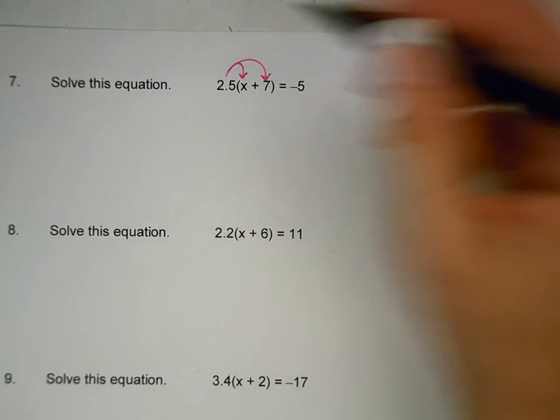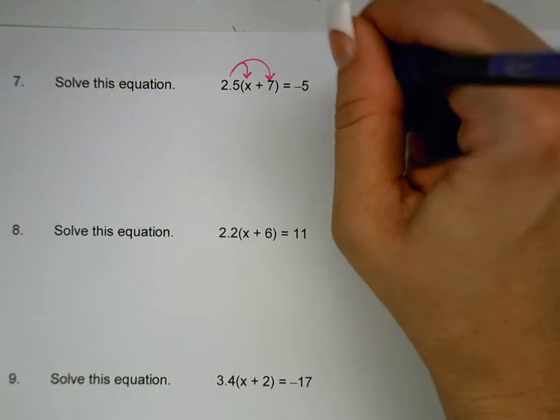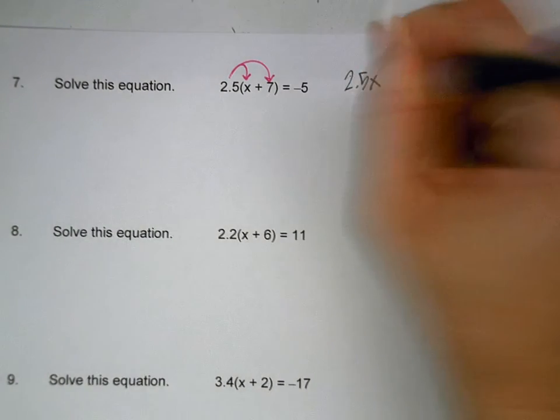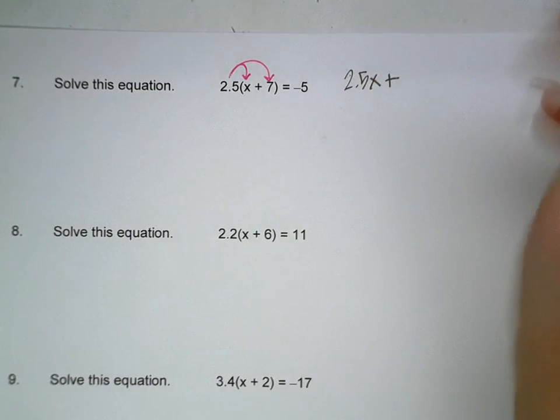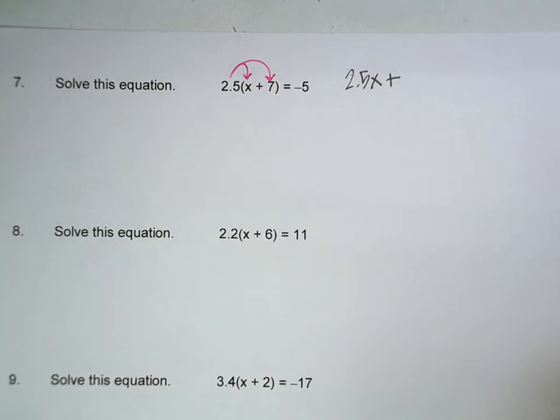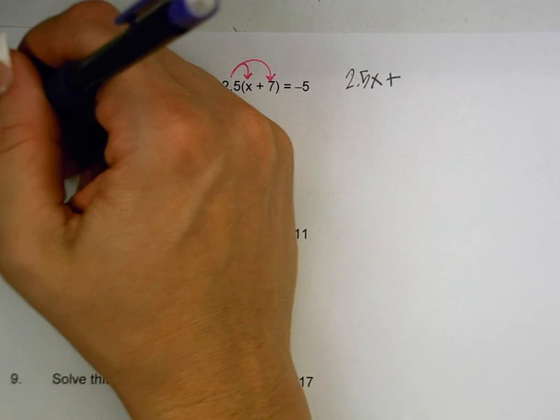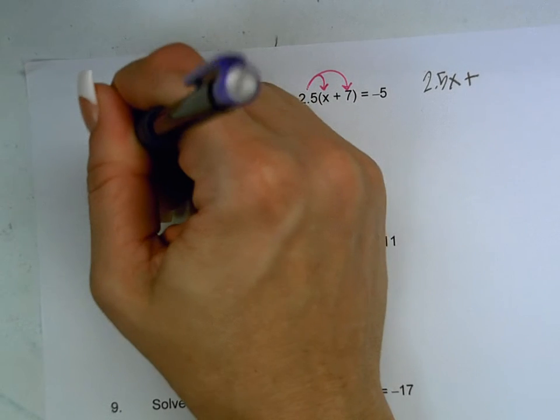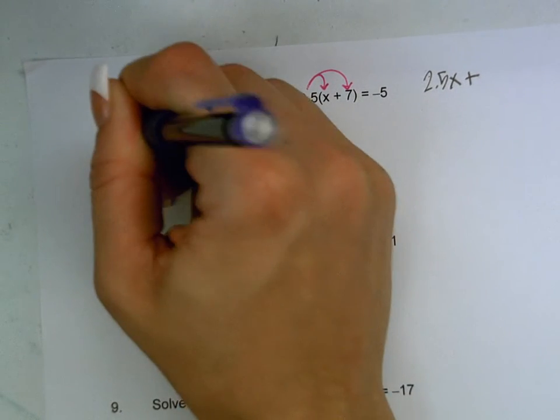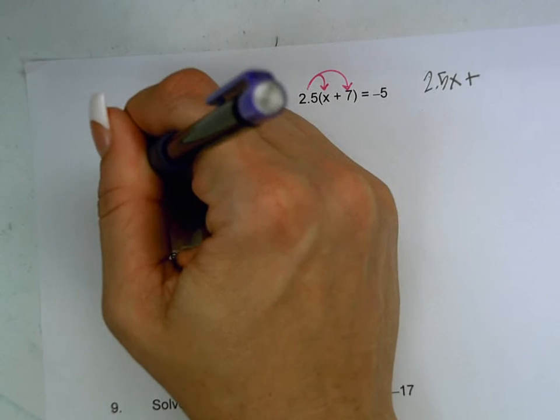What's 2.5 times x? 2.5x. 2.5x plus 2.5 times 7. Do that on like the side of your paper if you need to. So do 2.5 times 7. You do it and then hopefully we'll get the same answer.